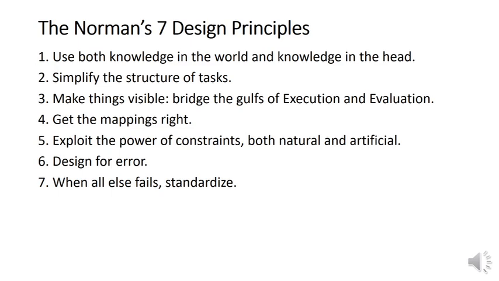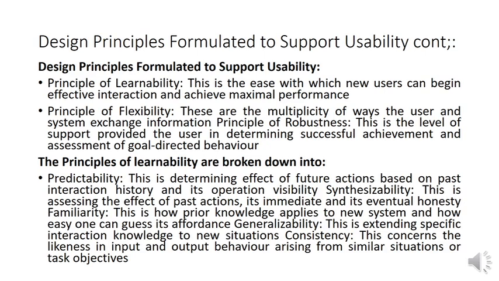Then bridge the gulfs of execution and evaluation. 4. Get the mappings right. 5. Exploit the power of constraints, both natural and artificial. 6. Design for error. Then 7. When all else fails, standardize. So, design principles formulated in the principle of learnability.